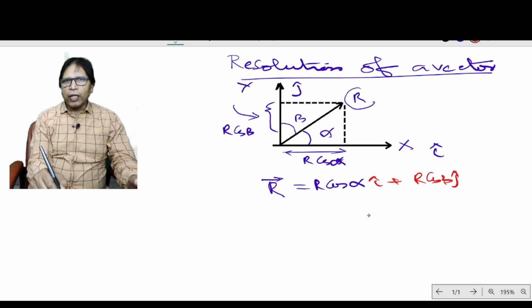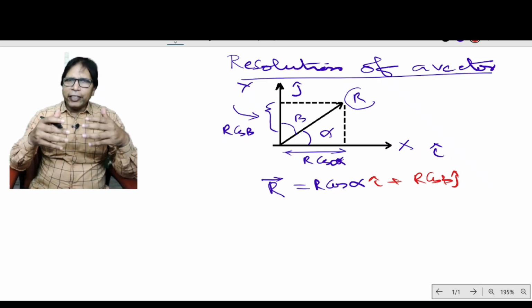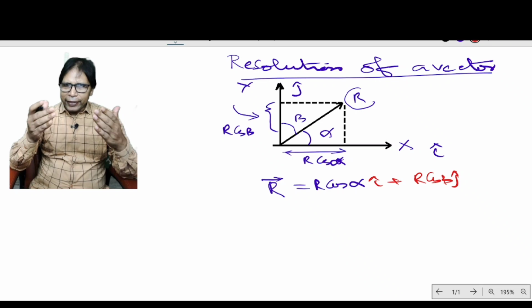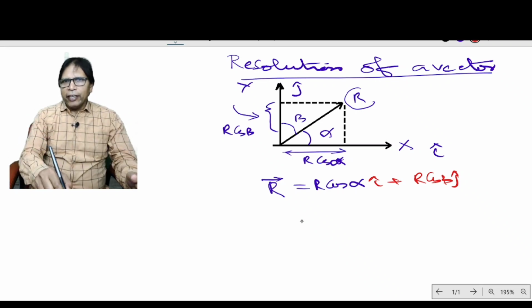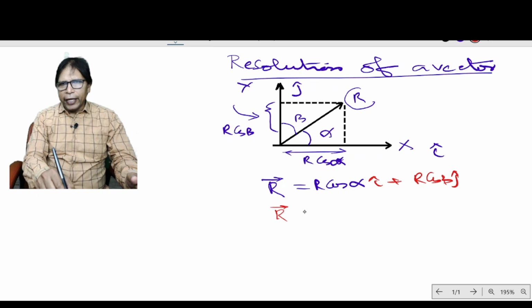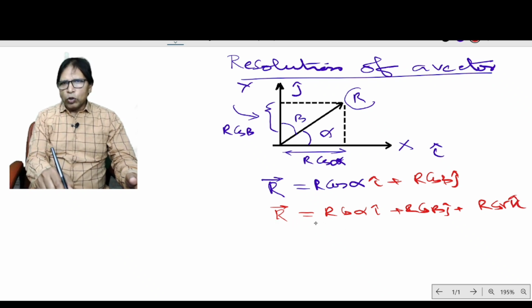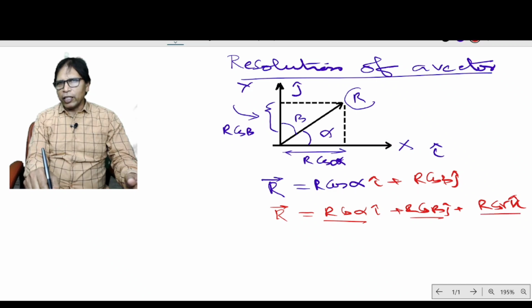Suppose the r vector lies in a three-dimensional coordinate axis and this vector makes an angle gamma with the z-axis, then the r vector can be represented as r vector = r cos alpha i cap + r cos beta j cap + r cos gamma k cap. Okay. So the components of a vector along the x-axis is r cos alpha, then r cos beta, then r cos gamma.